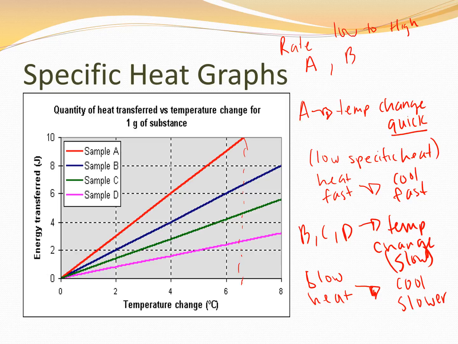Then would follow B, C, and D. So if I were to label these, I would probably say that the one that's fastest is some type of metal, like steel or something like that. And I would say probably the pink one, sample D, is probably something like water, because it's slow and takes a long time, takes a lot of energy. And that's how we would analyze our samples.